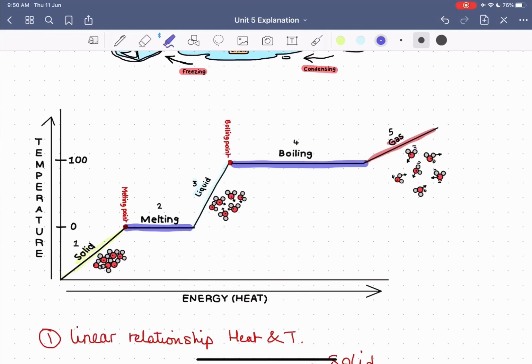This means that it requires more energy, because the enthalpy of vaporization of water is greater than the enthalpy of fusion of ice.